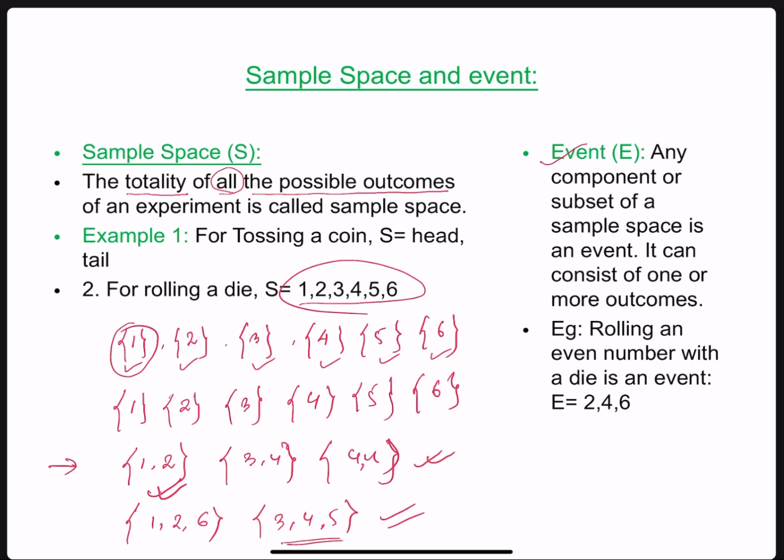So it can consist of one or more outcomes. For example, rolling an even number with a die is an event. The event is 2, 4, 6. This is called an event. I think you're clear with event.